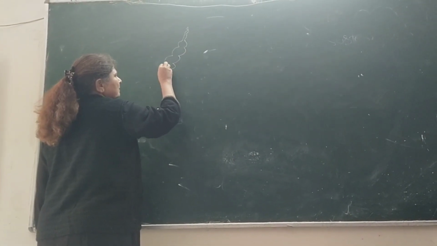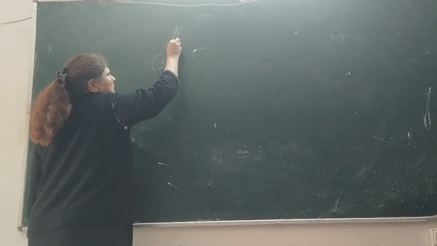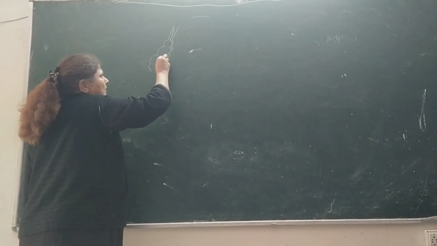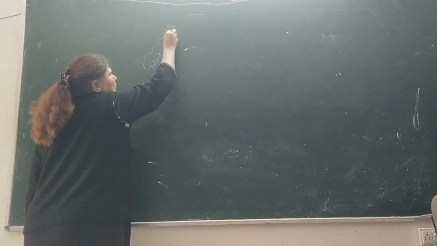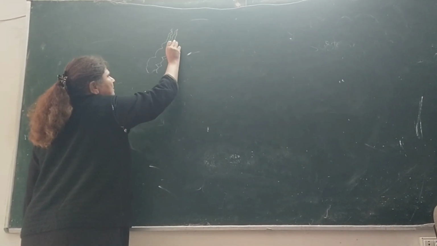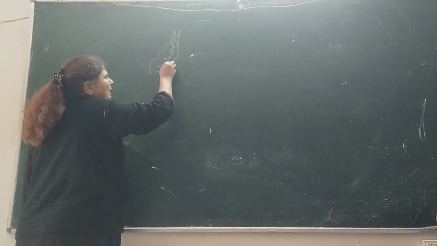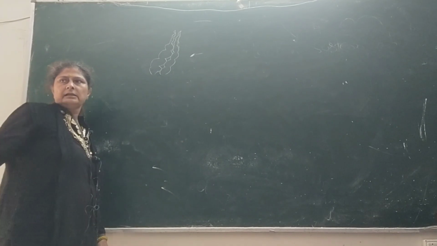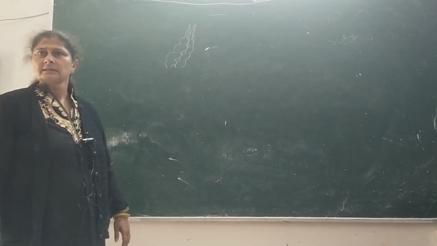There are a number of tubular structures which are narrow on the upper side, and as they move downward they become broader. Why is it like this?